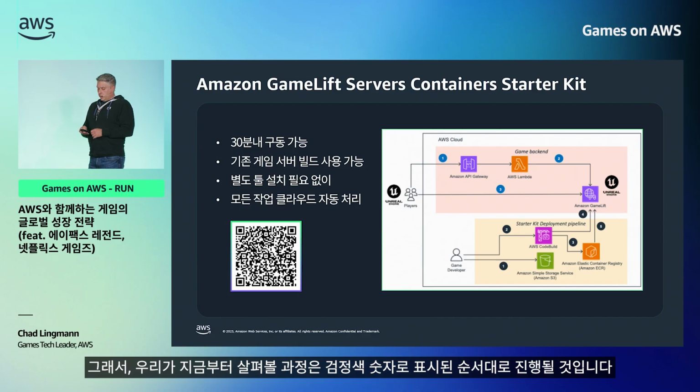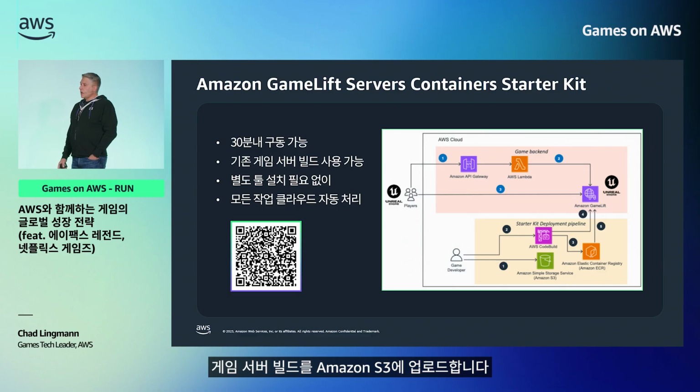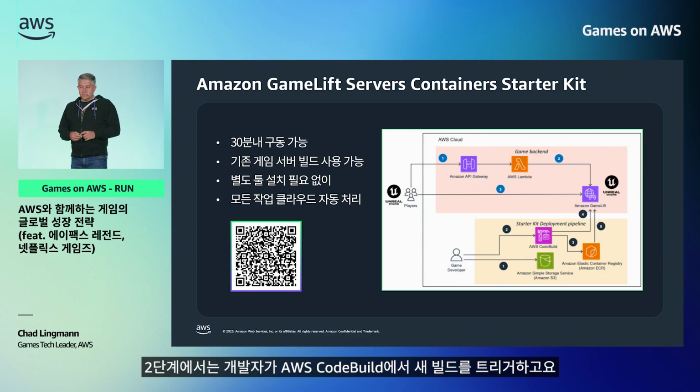So if we take a look, we'll start probably here in the black numbers. So we'll start with number 1 there. Game developer uploads a game server build with the Container Starter Kit wrapper to Amazon S3. Then the game developer triggers a new build on AWS CodeBuild.